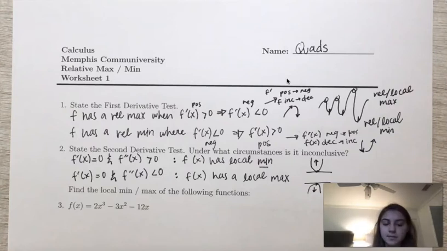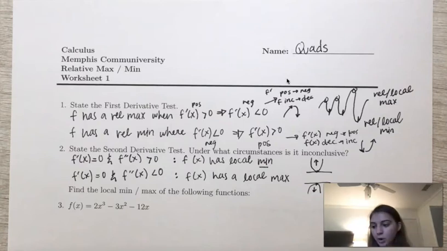if you can't make a sign chart for the first derivative, because there are some cases where you can't draw one, that's when you find those critical points and then you take the second derivative and find out if it's negative or positive at those points. So you're not going to make a sign chart for the second derivative.